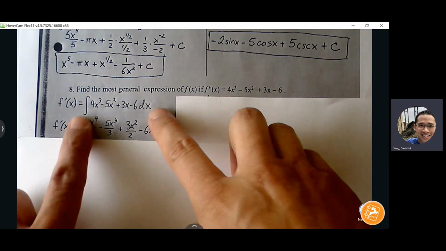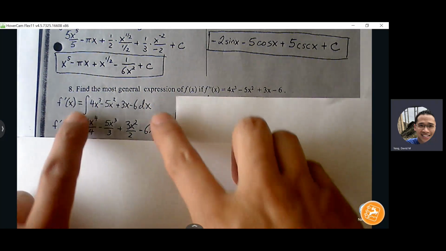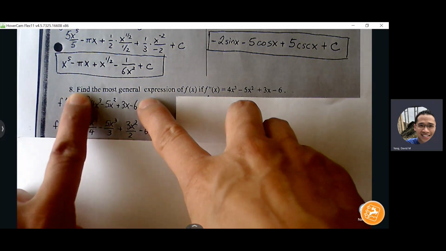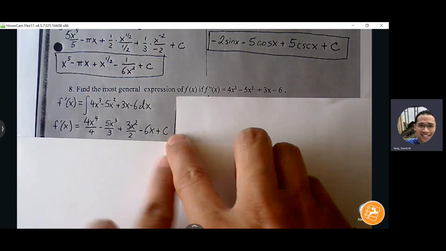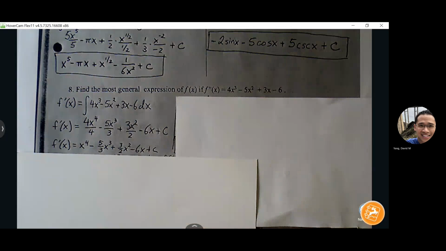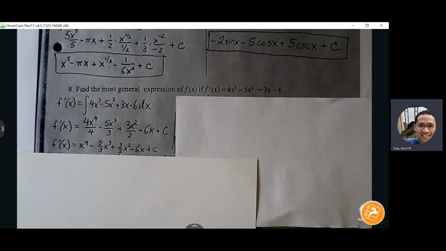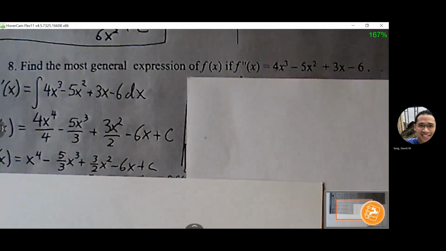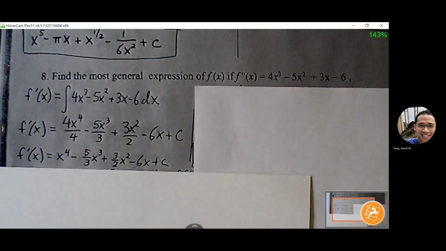As soon as you apply your antiderivative power rule, your bookend notation goes away. In the place of it, you have a plus c. Do some more cleanup. That will take us to our halfway point. Now I'm going to move up to f of x. I'll say f of x equals the antiderivative of this expression.